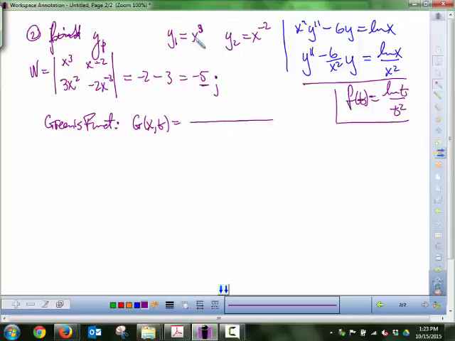And the first term is our y1 with t in it, so that's t cubed. Our second is going to be y2 with x in it. And then next is going to be the same functions except switch variables. So we have an x cubed and t to the negative 2. And then we divide by the Wronskian, which is negative 5.